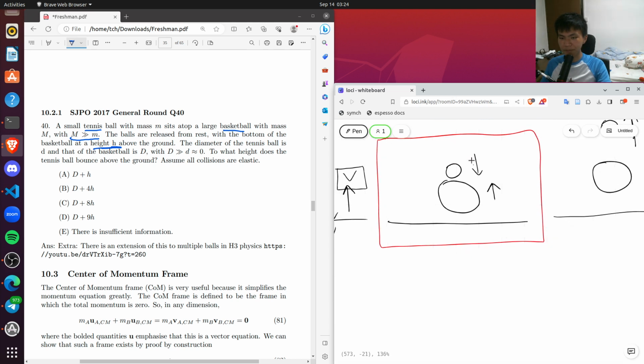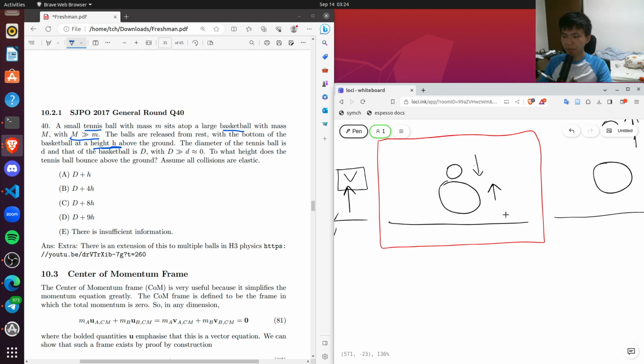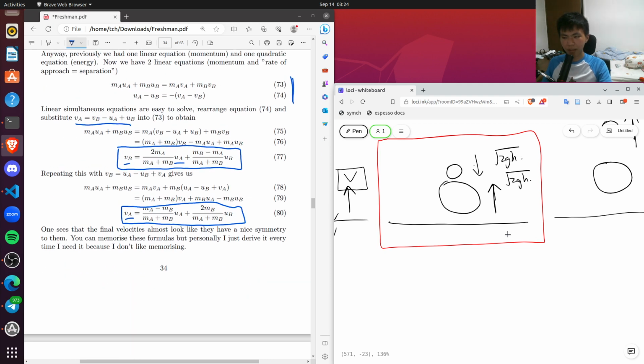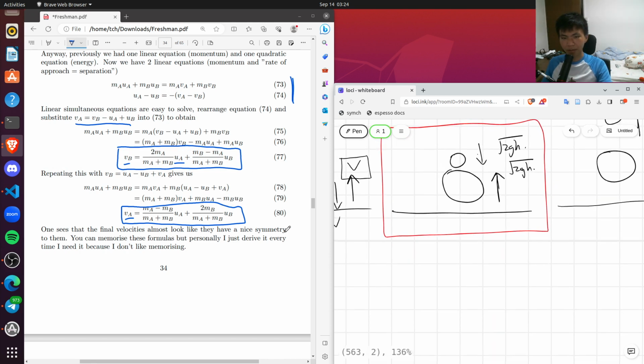In the next scenario, the basketball has a velocity of square root 2gh, whereas the tennis ball also has velocity square root 2gh. Both of them come together with the same velocity, and we can apply the elastic collision formula.